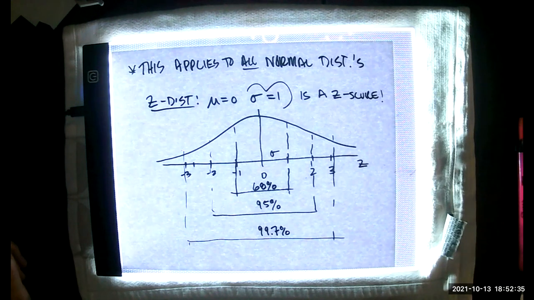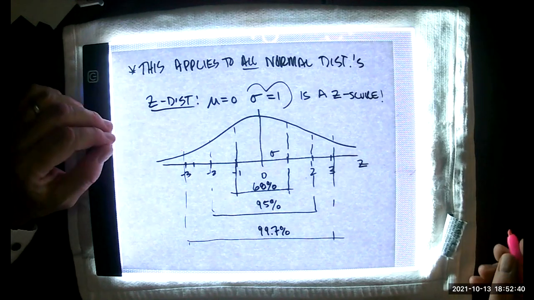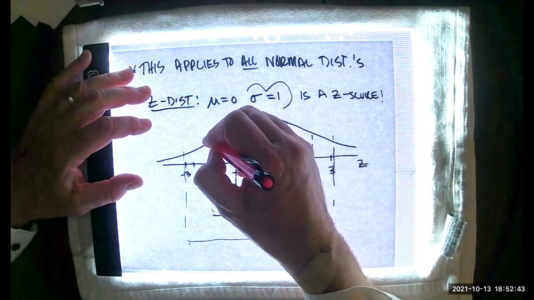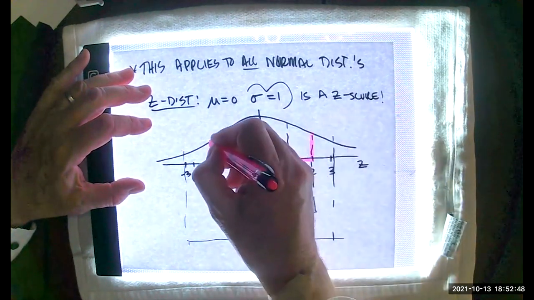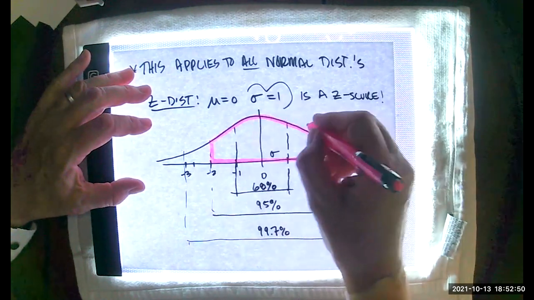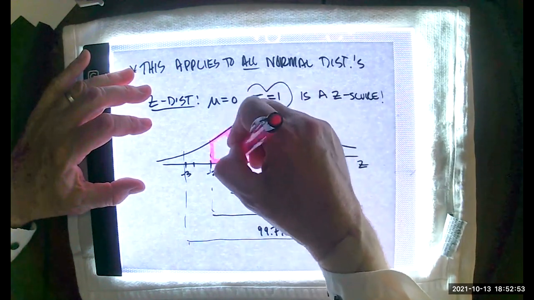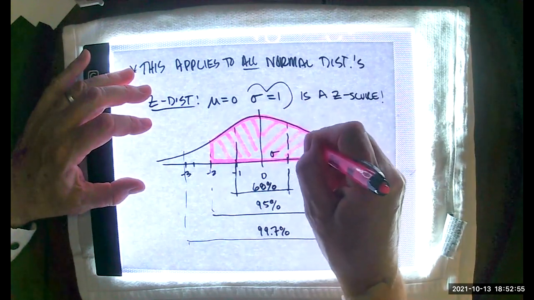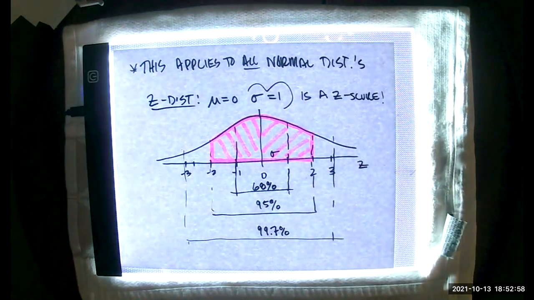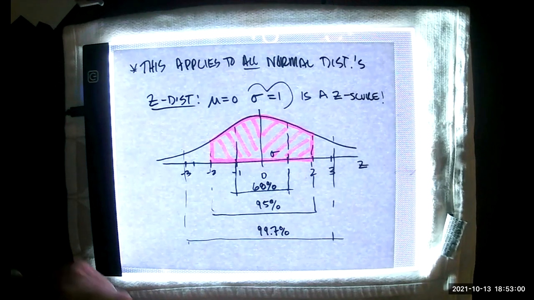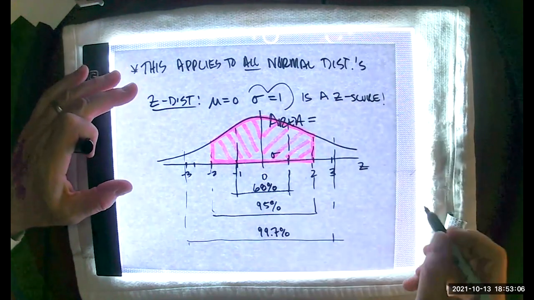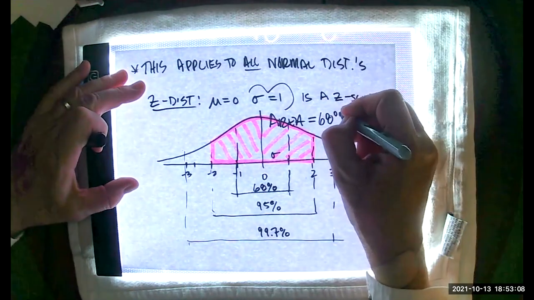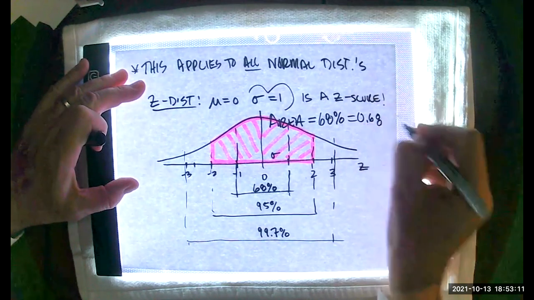This also makes it very easy to convert probabilities into areas. So the probability that a randomly selected z-score falls between -2 and +2 is really calculated by finding that particular area. So I will note that for that particular area, that's plus or minus 2 standard deviations or 0.68.